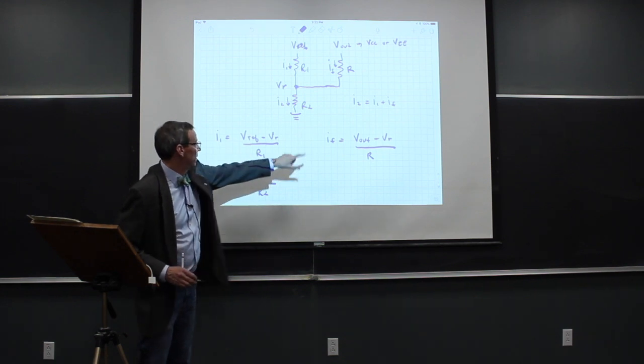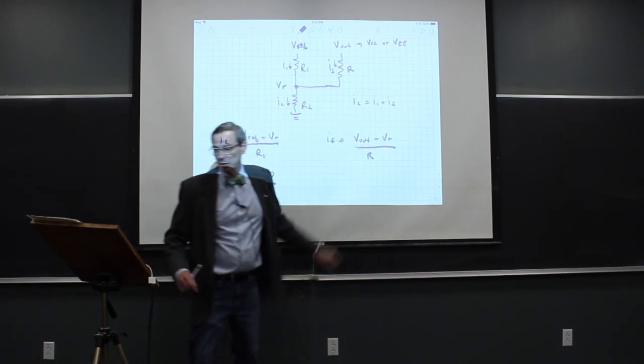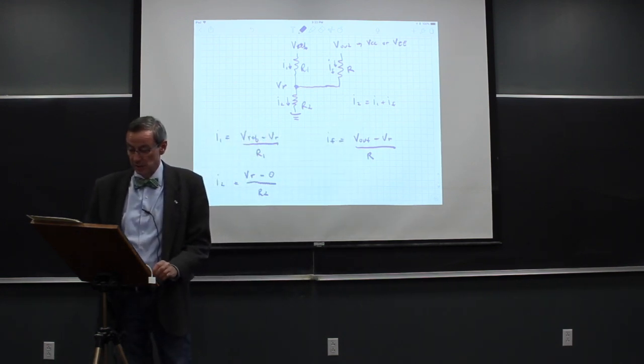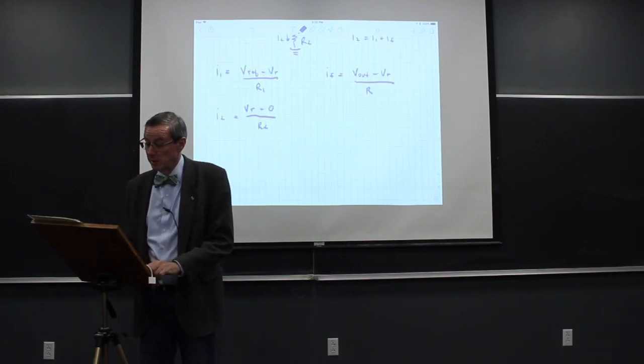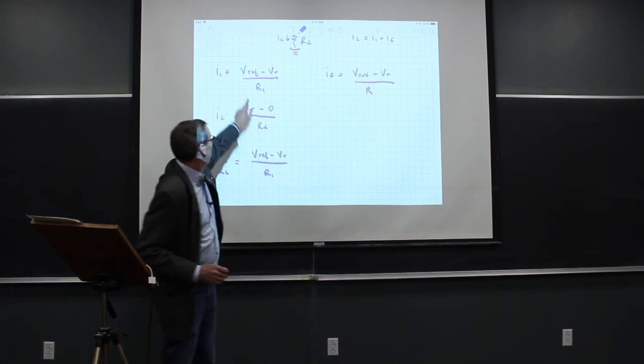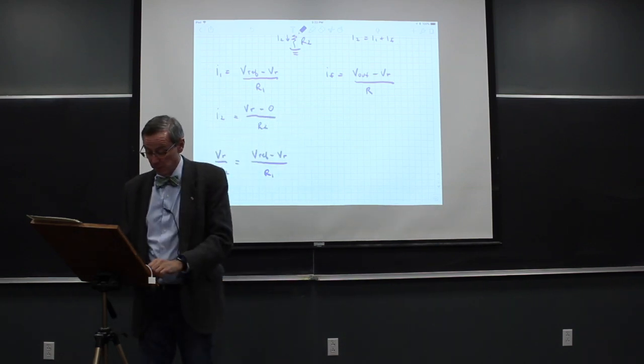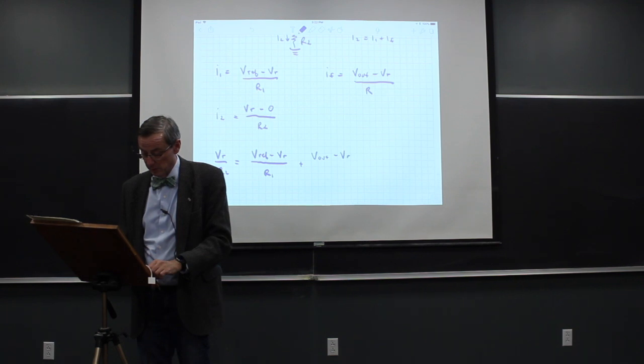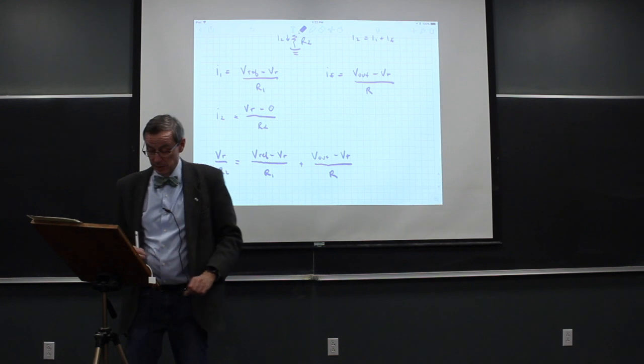So we can put these three currents into our current equation here, and that's simply going to give us I2, VR over R2, equals Vref minus VR over R1, that's I1, plus IF, Vout minus VR over RF.